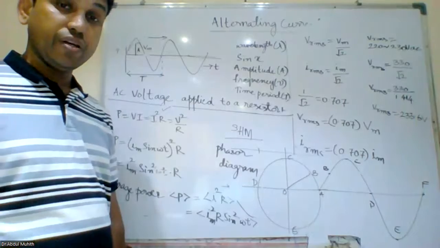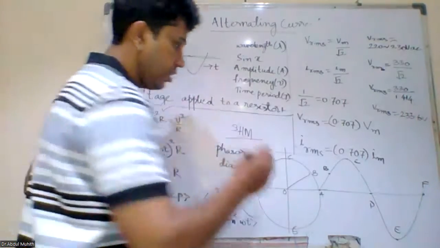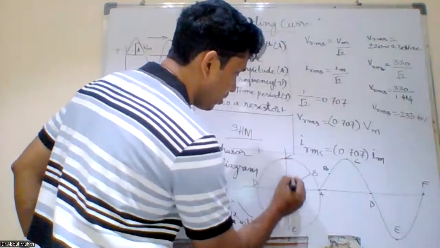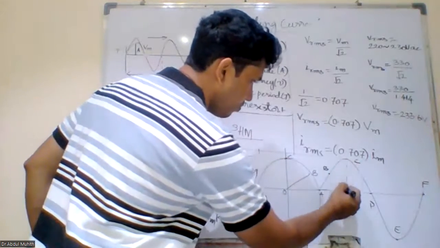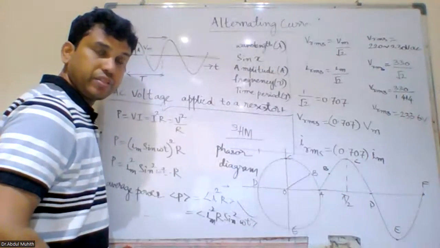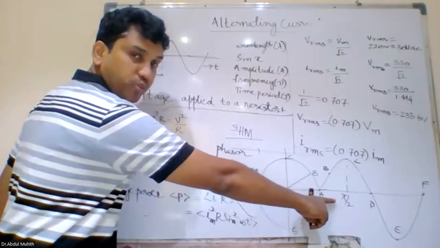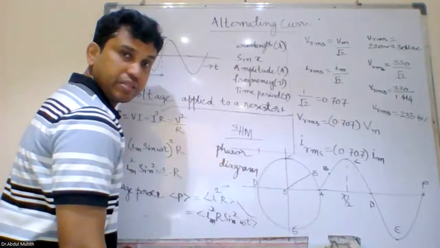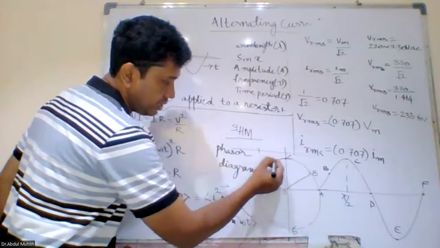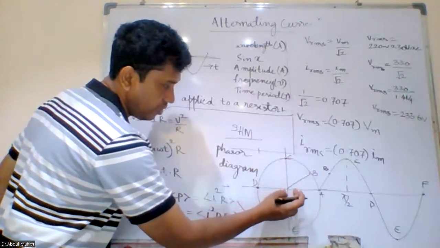Now see here. When the particle started from here and stops here, it is 90 degrees, right? Is it not 90 degrees, pi by 2? Now suppose the particle is here, having started from here. What is the angle now?